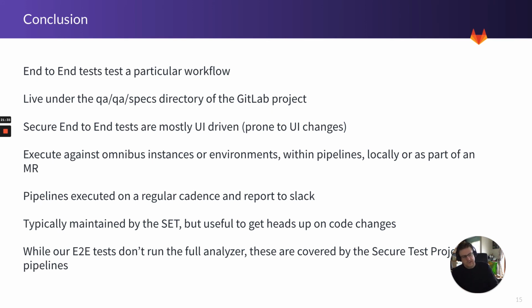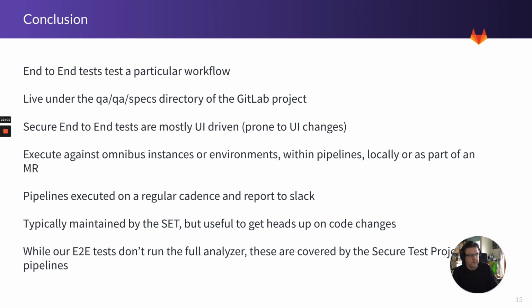We execute against an omnibus instance or an environment, pipelines, locally or in an MR. The pipelines do have a regular cadence. They report back to Slack, and as I say, I'll touch upon debugging the pipelines in a later brown bag. These are typically maintained by the SCT. It is useful to get a bit of a heads up.